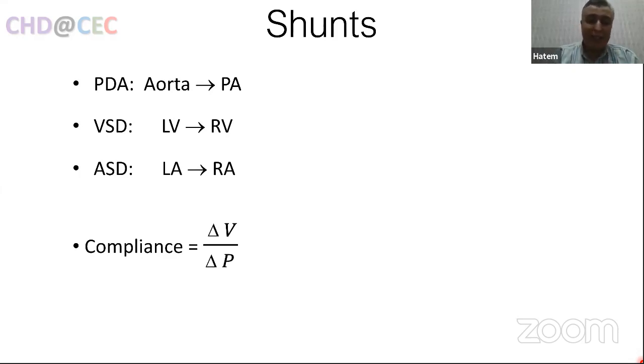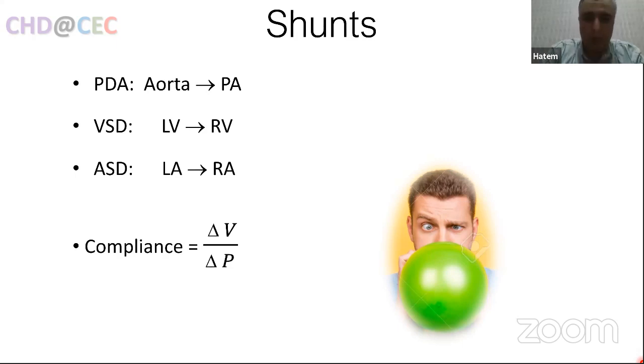You can think of that like someone trying to blow into a balloon. If this balloon has a very thick wall, he will have a hard time blowing into it, and so we say that the compliance of the balloon is low. So this is like the left ventricle. On the other hand, if the balloon is very thin walled, the person can blow easily into it, and so more volume will go in without increasing pressure.